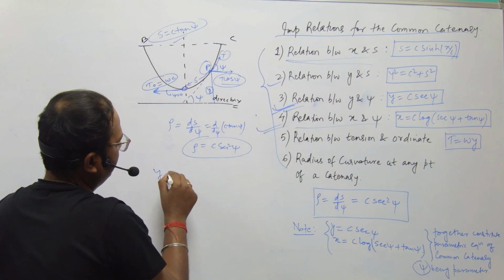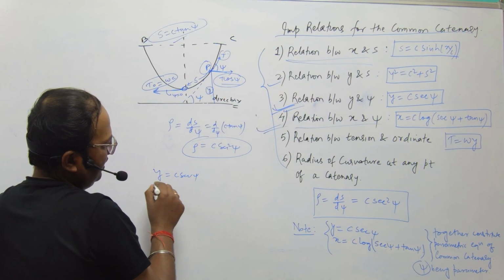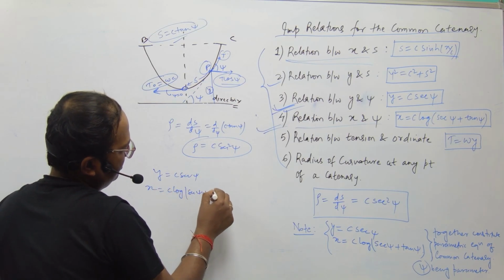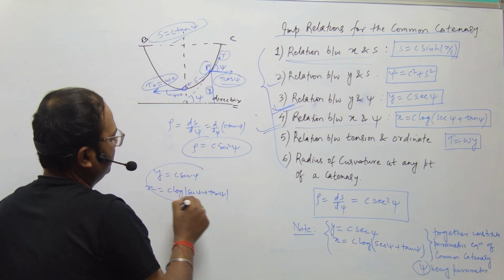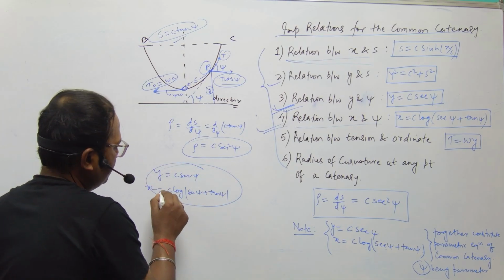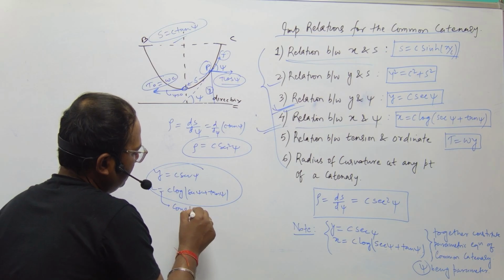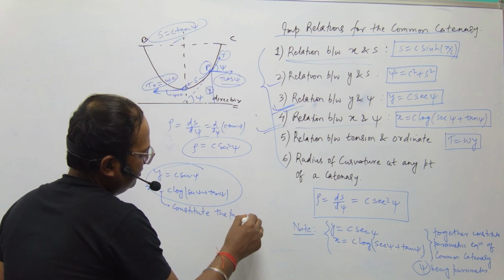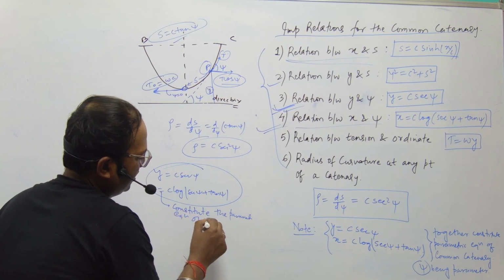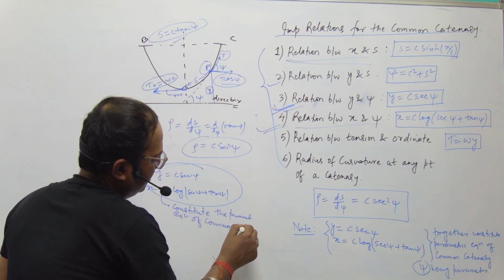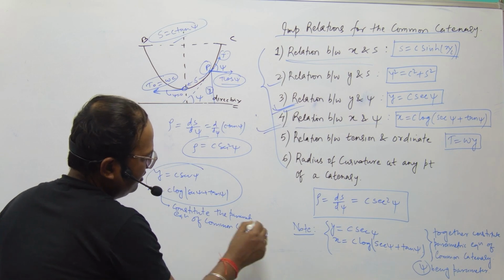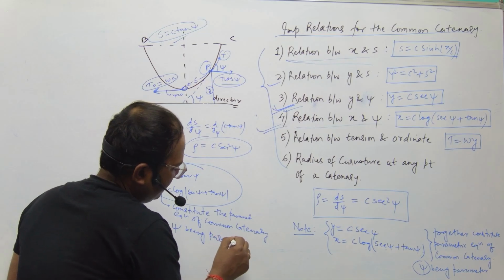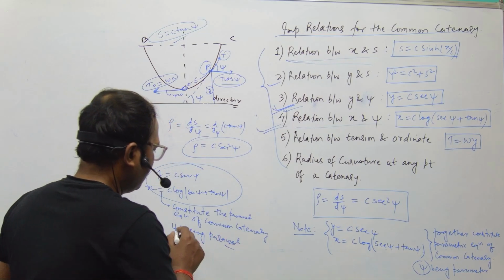Together these two relations constitute the parametric equation of the common catenary, where psi is the parameter.